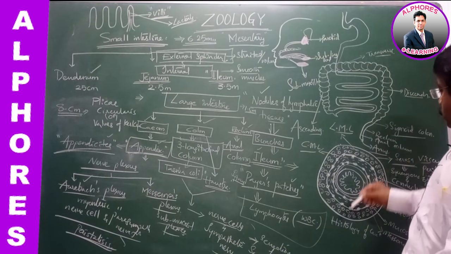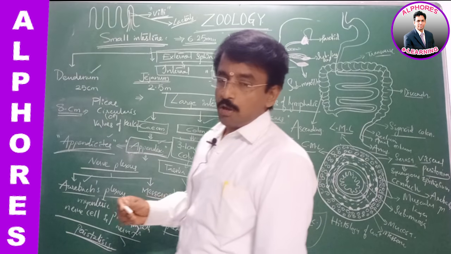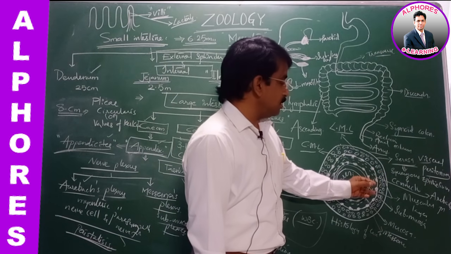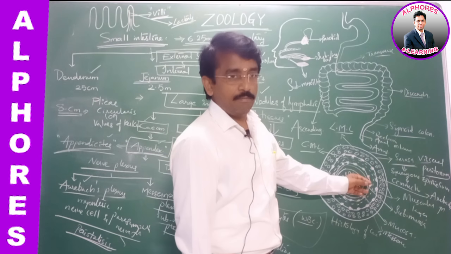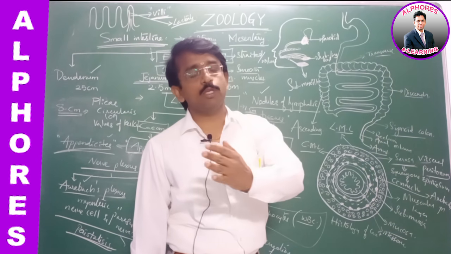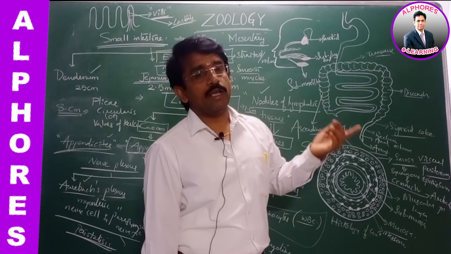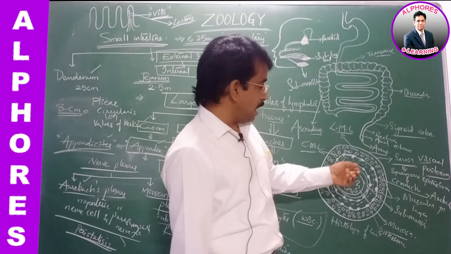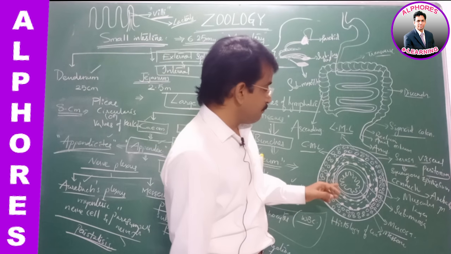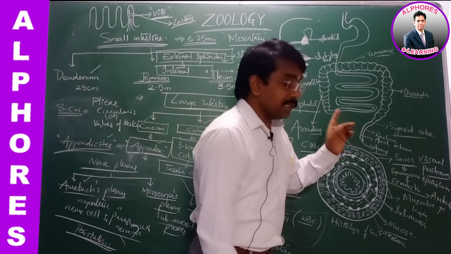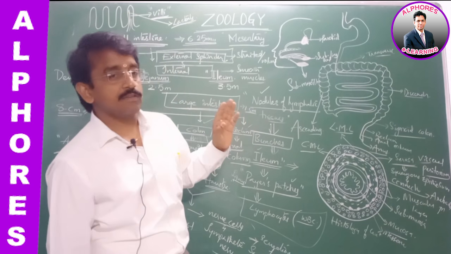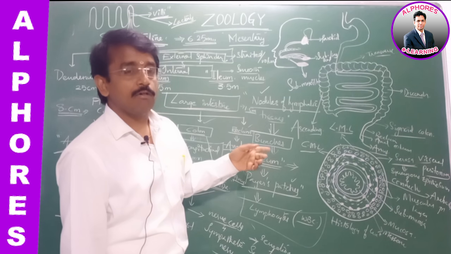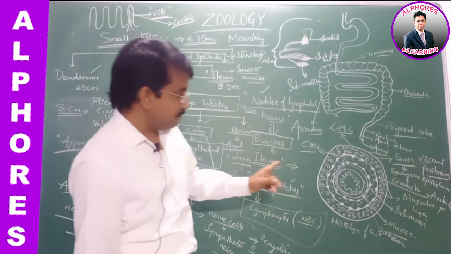The muscular layer, which is outer longitudinal and inner circular, is present all along the length and, with the help of the nerves, helps in the peristalsis movement of the food. The muscular layer runs from the stomach to the intestine. In the stomach, additionally, oblique muscles are present.